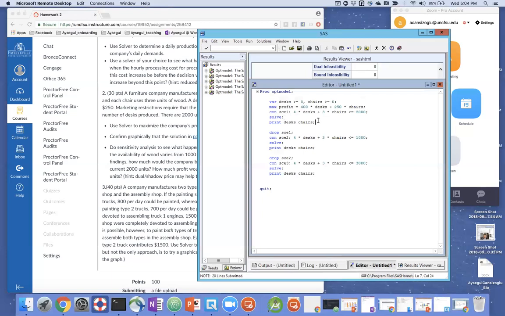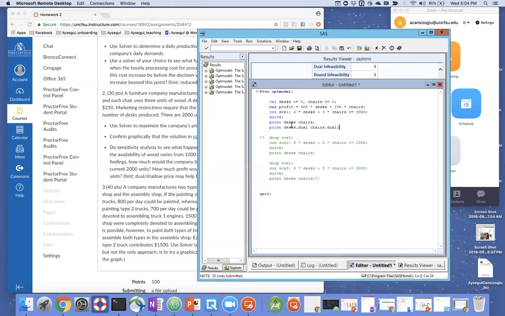I'm going to comment the rest out because this is not the original problem. The way to look at the shadow price is by the dual. That's another name for the shadow price. You can call it dual or shadow price; SAS calls it dual.